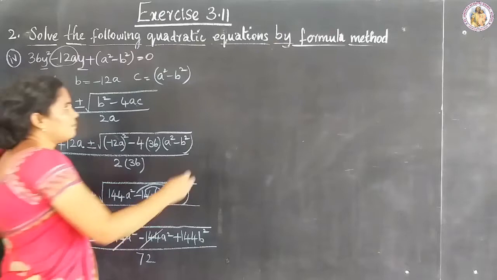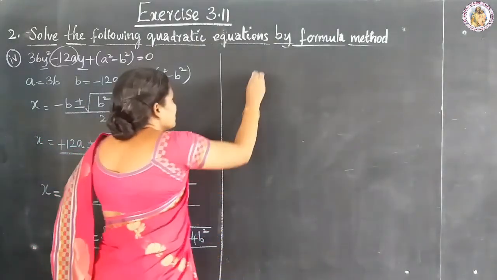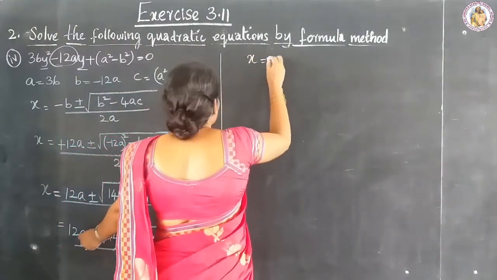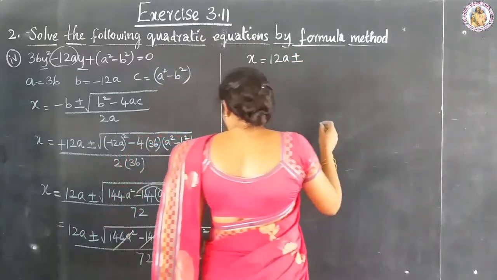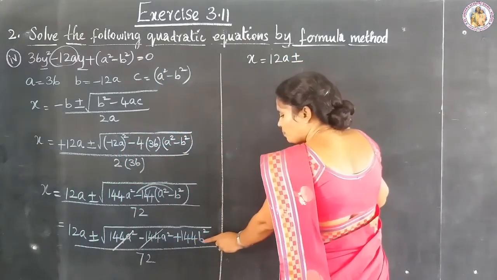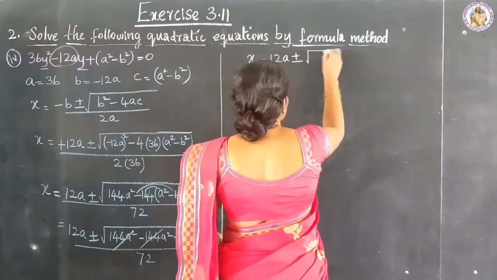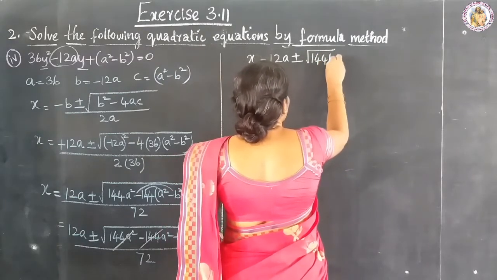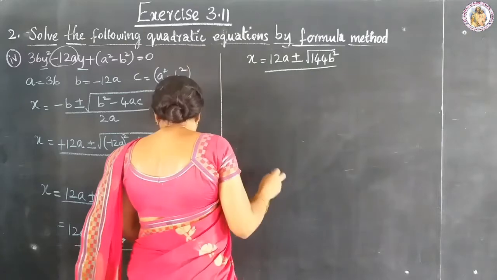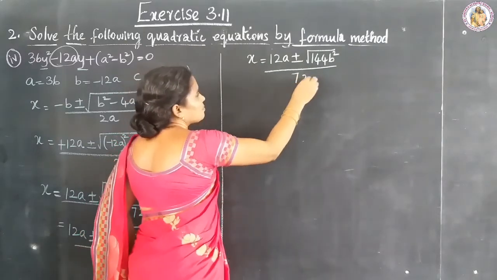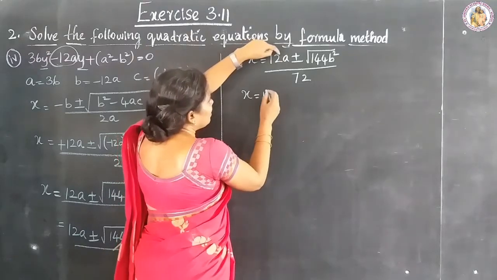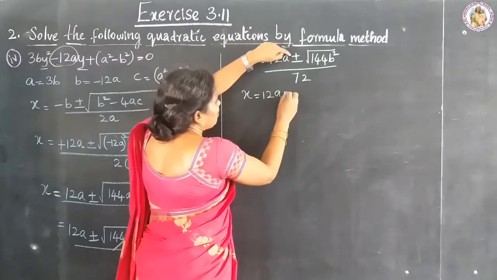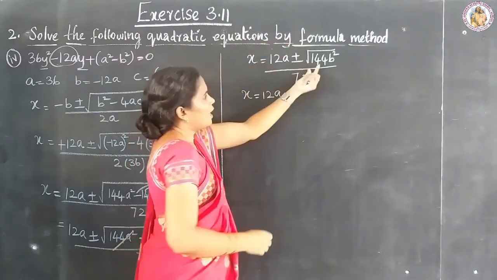So then we have x is equal to 12a plus or minus 144 b square. So 144 b square divided by 72.